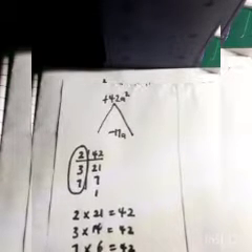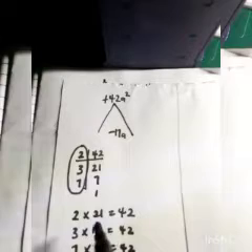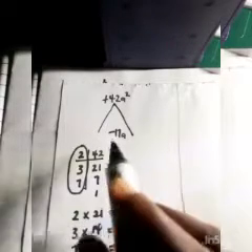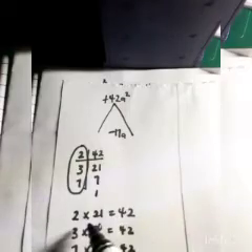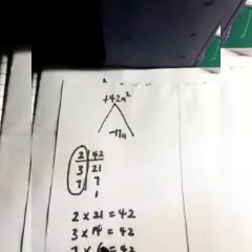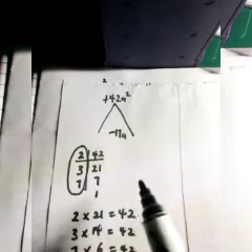Now, remember that the aim is to look for two numbers that when added together give us 17, and when multiplied together give us 42. Now, 2 times 21 will give us 42, but 2 plus 21 will not give us 17. 3 times 14 will give us 42, and 3 plus 14 will give us 17.